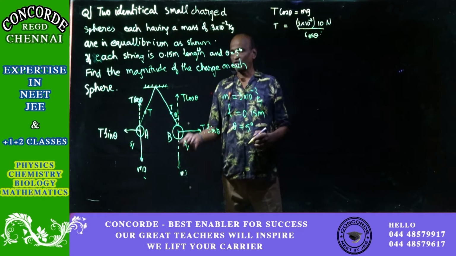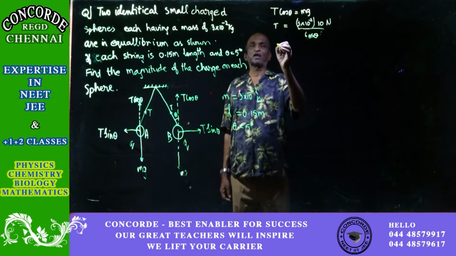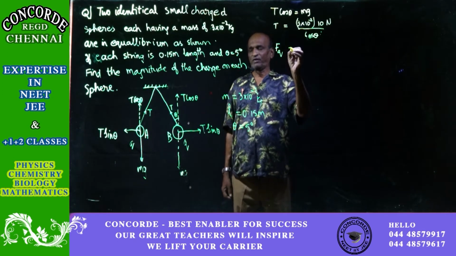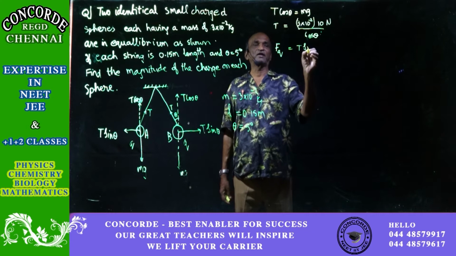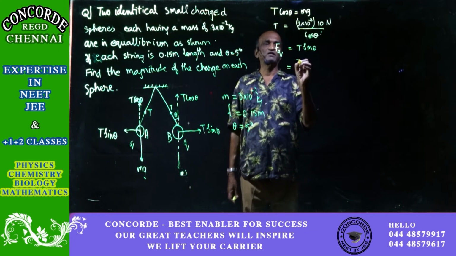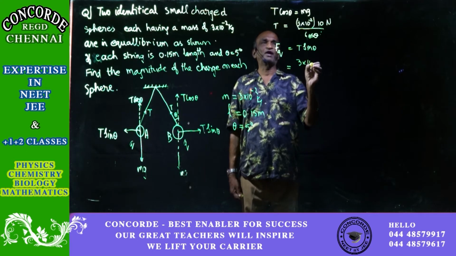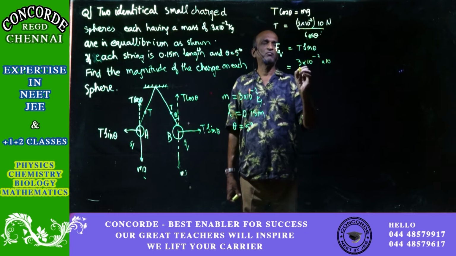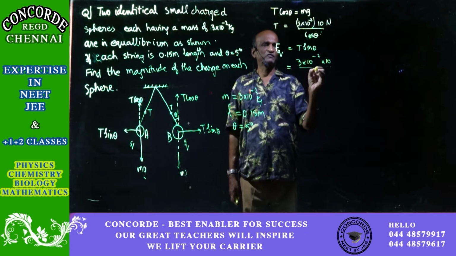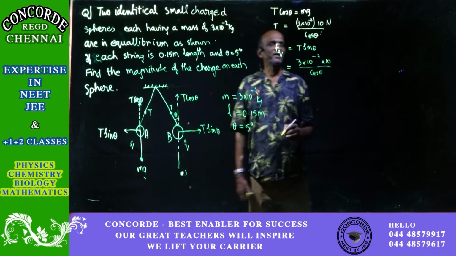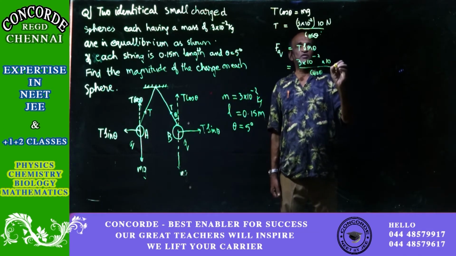Now, balancing horizontally, the force due to the charges will be equal to T sin theta. Putting the value of T, that is 3 into 10 power minus 2 into 10 by cos theta, into sin theta.